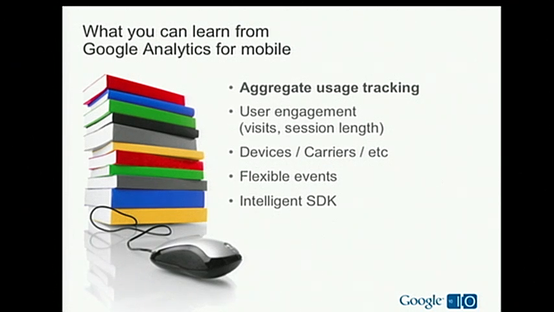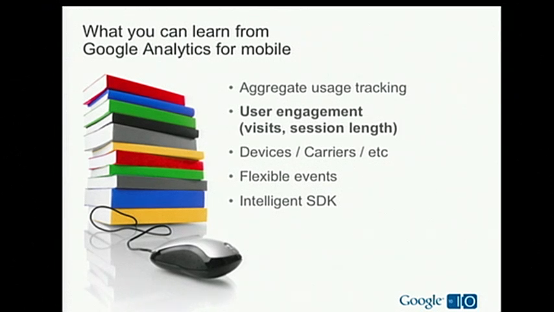It's trivially easy, I'll show you in a second, to trigger a page view whenever you load a new screen or a new level or whatever it may be in your app, and compare that to the other pages. You can start to get metrics like number of unique users in 7 days, time on site, time between different page views. You can start to see where people are really engaging with your app and where they may not be. And that can lead to really interesting insights.